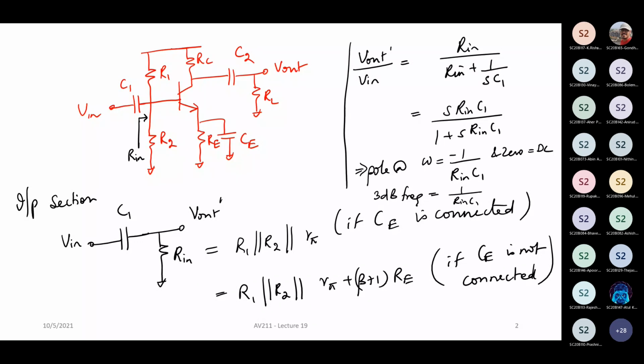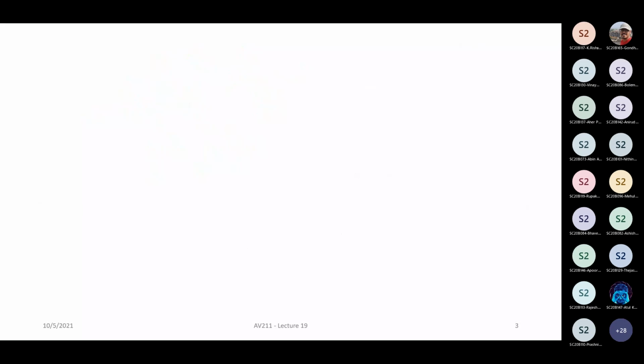Now, in the same way, if you calculate this for your case, I think you would have taken some typical values. Can you just tell me some values that you had taken? With CE or without CE? Any one case, let's take any one case. So without CE, we took R1 equal to 112 kilo ohms, R2 27 kilo ohms.